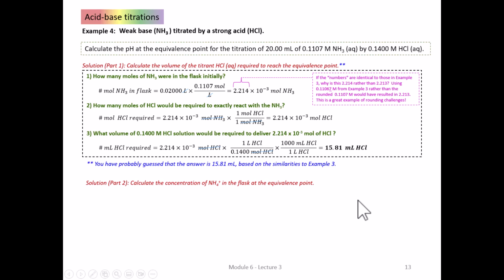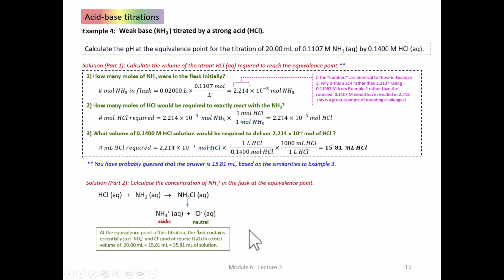Well, let's calculate the concentration of ammonium ion in the flask at the equivalence point. Well, why would we want to do that? Because when this reaction is complete, the product is ammonium chloride in water. So we have ammonium ion, which is acidic, and chloride ion, which is neutral.